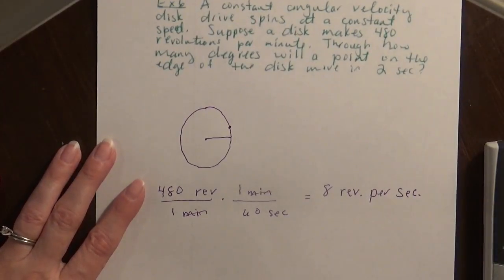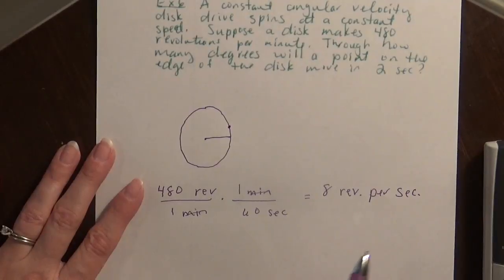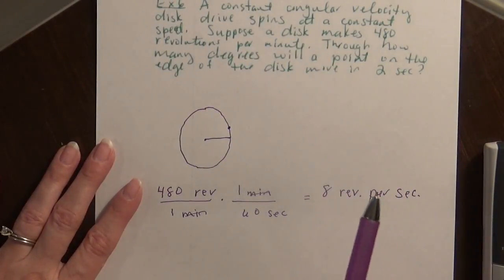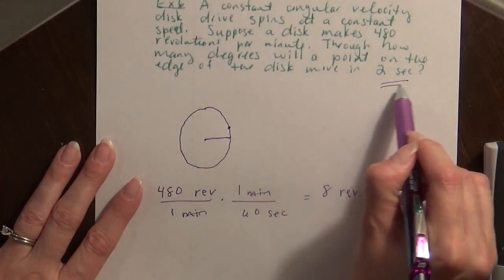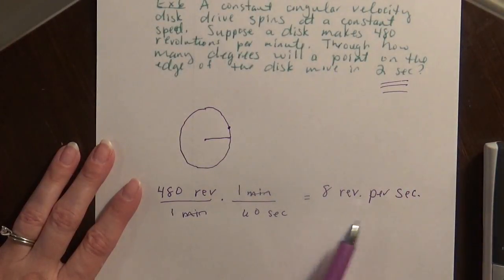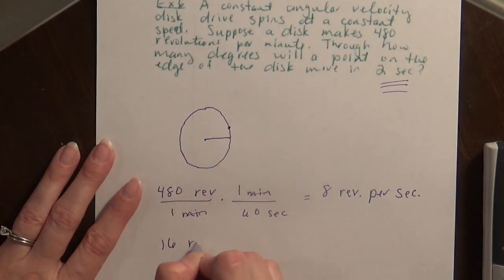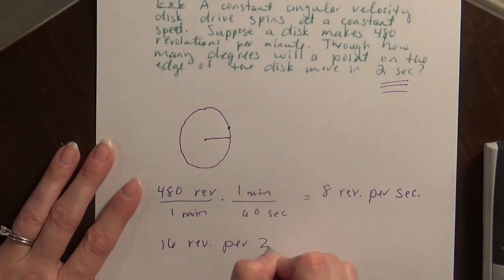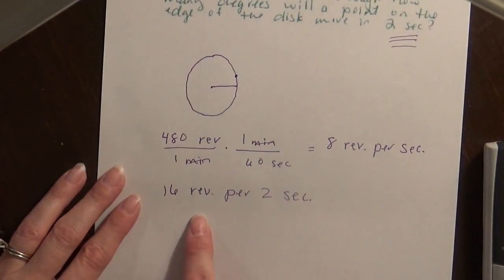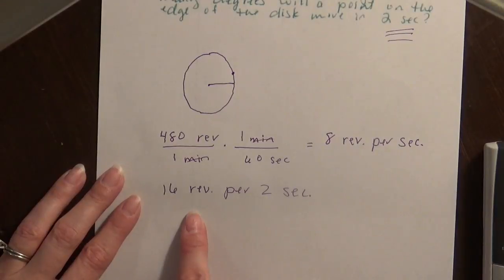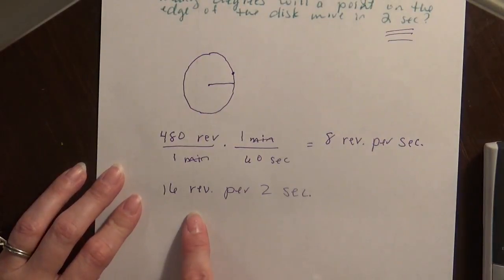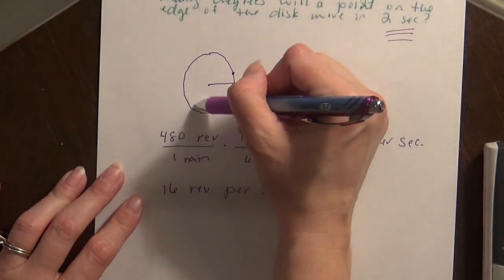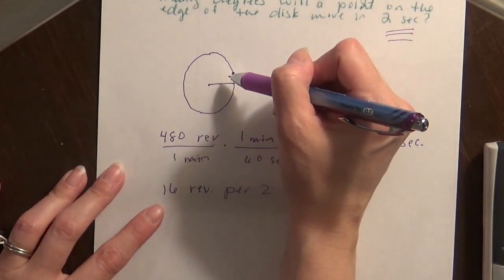Now we're being asked how many degrees it will pass through in 2 seconds. We know that it's 8 revolutions in 1 second, so that's going to mean 16 revolutions in 2 seconds. The only thing we need to do now is convert this into degrees. Remember, 1 revolution around this circle is 360 degrees, and we have 16 of those.